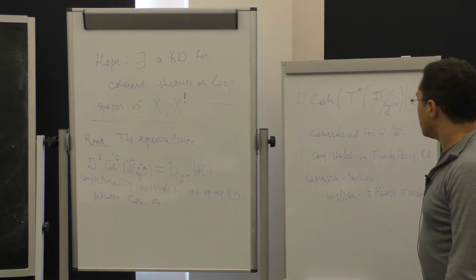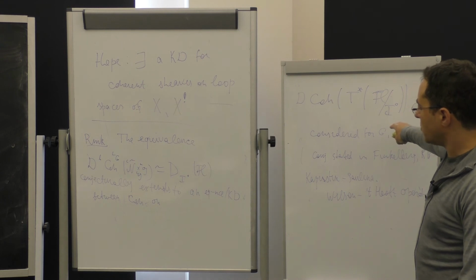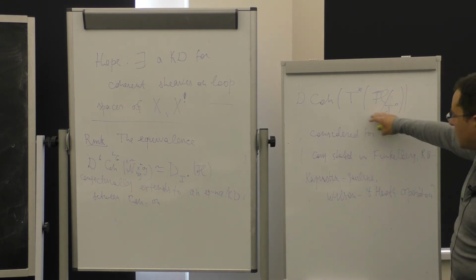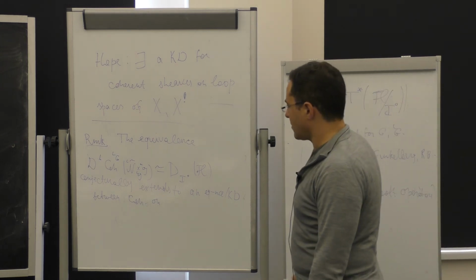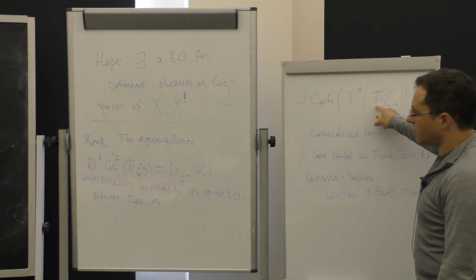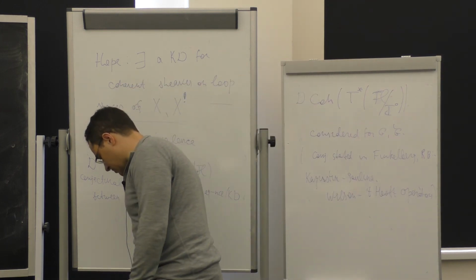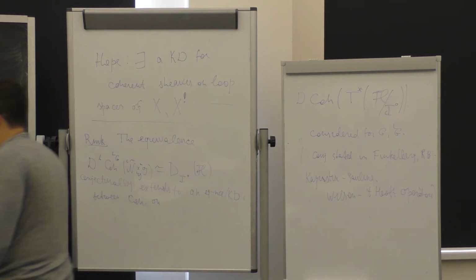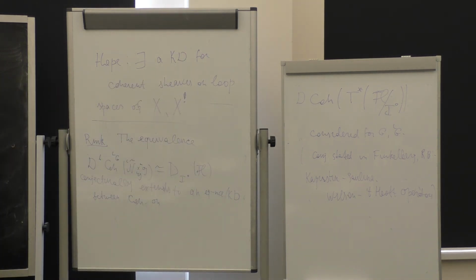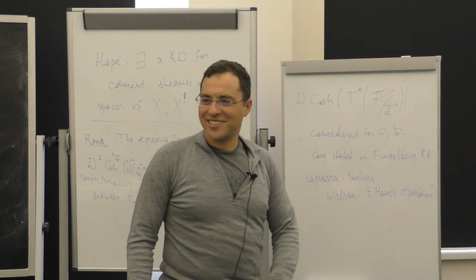So here again, this is a bigger space and some coherent sheaves on something involving loops, and this leads to a conjectural self-dual definition, and I hope that something like this exists in this context. But that's all I can say at the moment. Okay, so let me stop here.